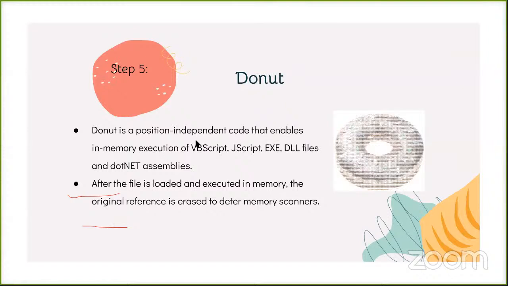So Donut basically gets our MSF.exe payload and then generates it into shellcode. Donut has a good advantage when it comes to changing EXEs to shellcode. And the advantage is after the file is loaded and executed in memory, the original reference is erased to deter memory scanners.